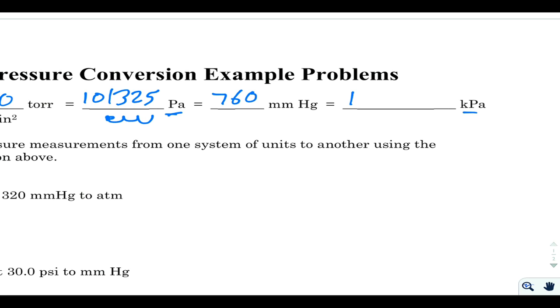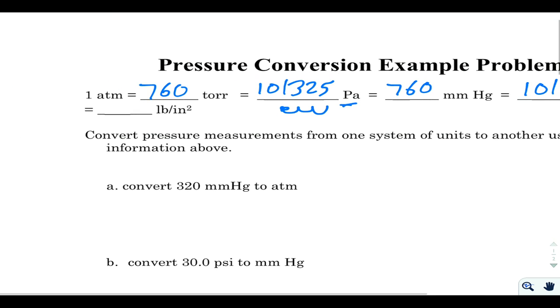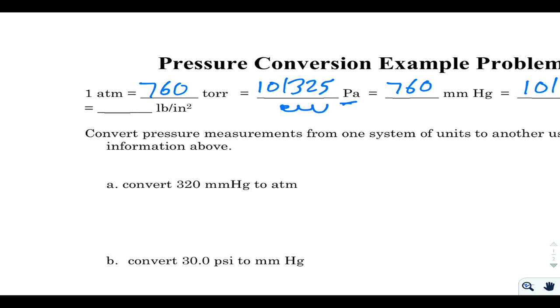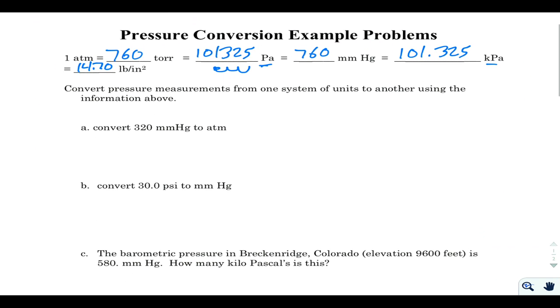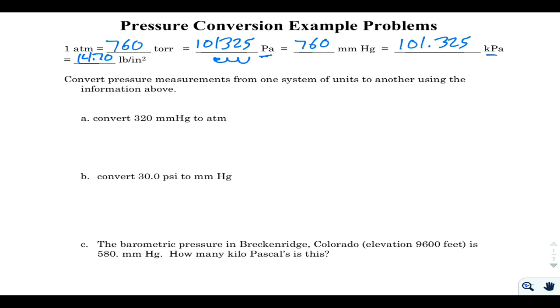So that means kilopascals is 101.325 kilopascals. And the last thing, pounds per inch squared is 14.70.